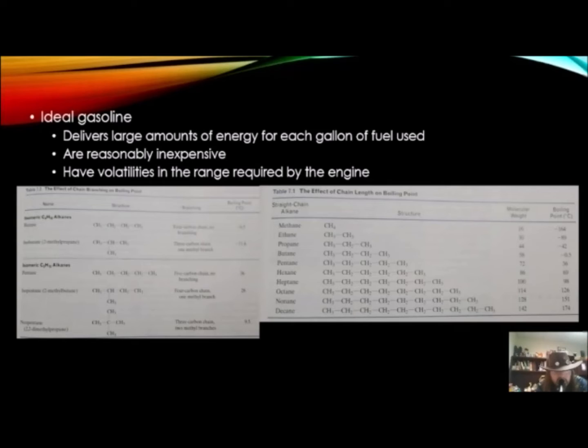So by mixing different chain lengths, we can achieve a variety of some volatile gases and some not so volatile gases. And we need enough of this volatile gas to mix with the oxygen to ignite on a cold morning. Now, if it's too volatile, we're going to get not enough oxygen in that mixture, and we're going to get incomplete combustion.